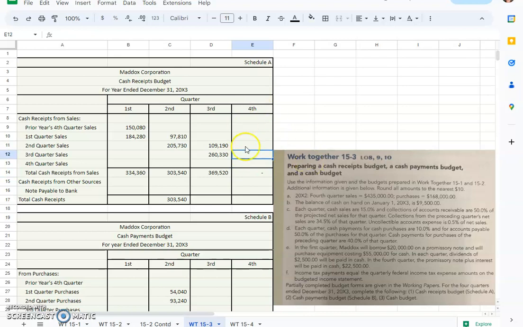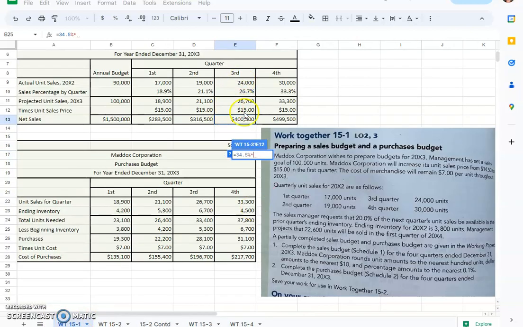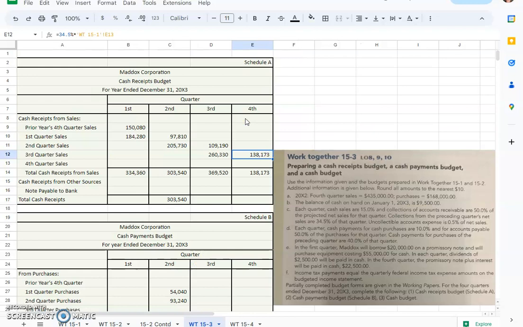Now a portion of fourth quarter cash receipts will be from third quarter sales. So we'll do equals 34.5% times the third quarter amount. Once again, we've got to round that to the tens place by using that round function, 138,170.